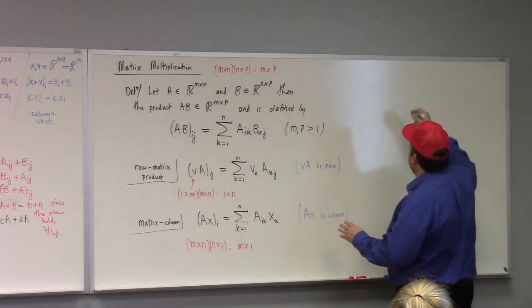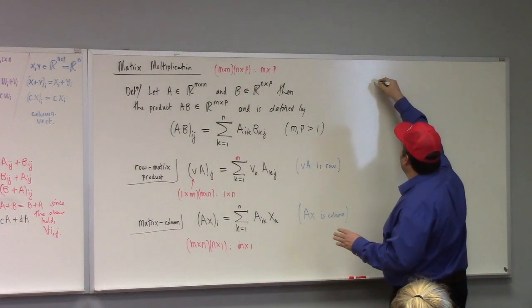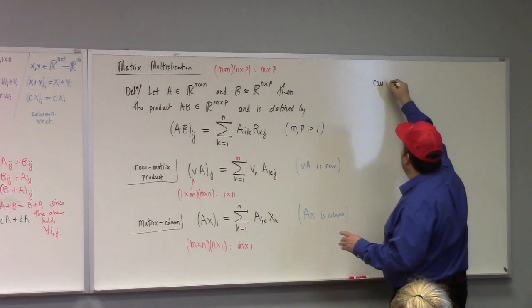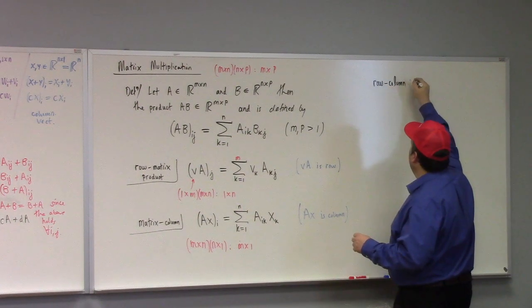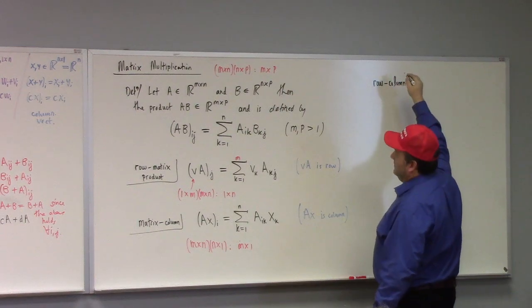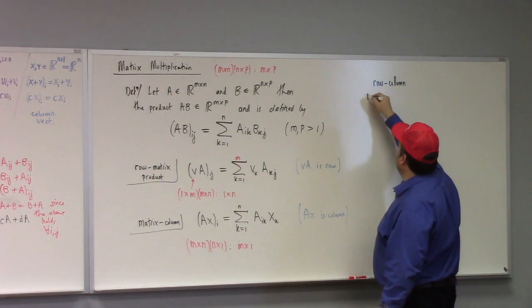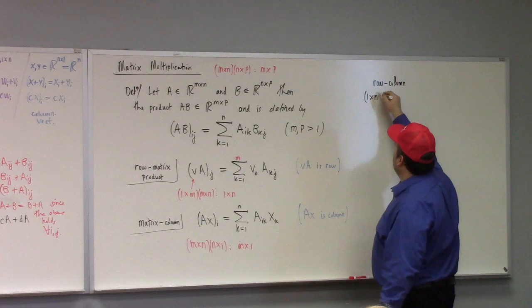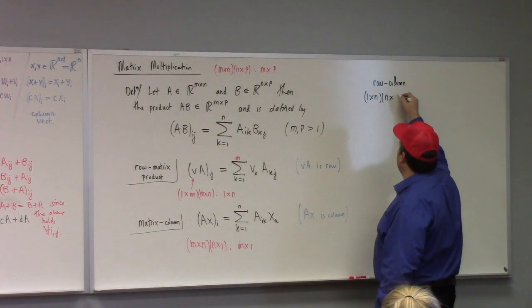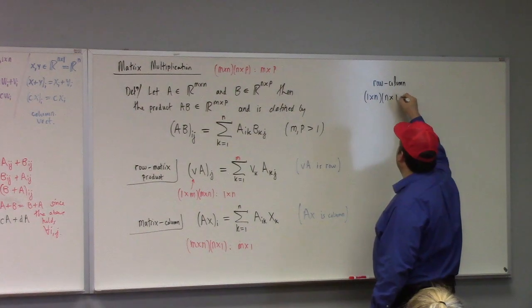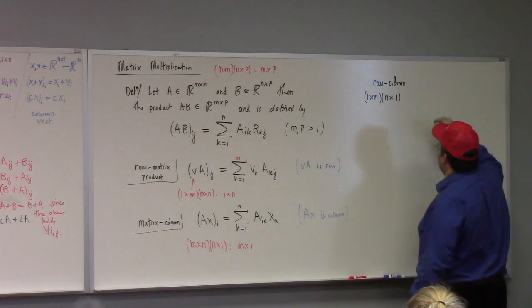But what if I have a row times a column? Can I do that? Like 1 row, n columns, by n rows, 1 column, right? I could do that, couldn't I?